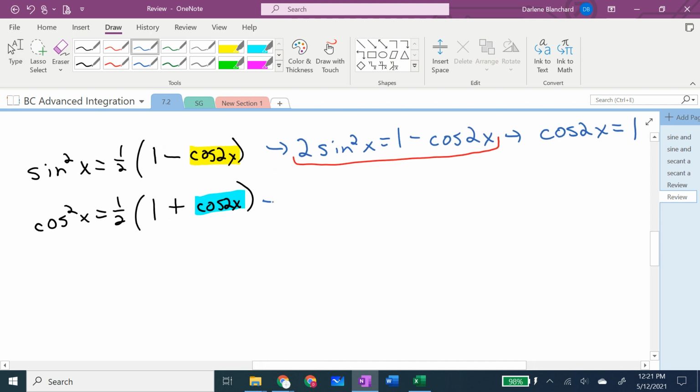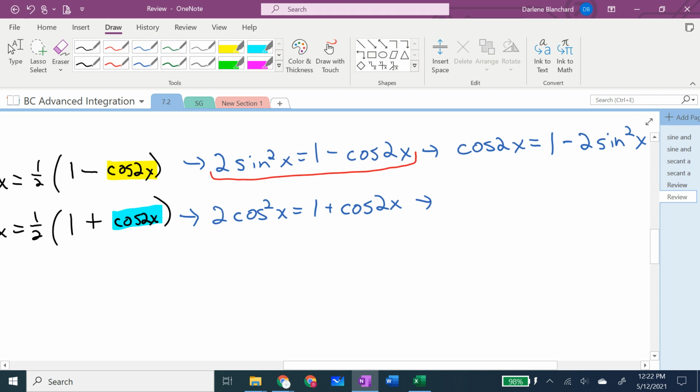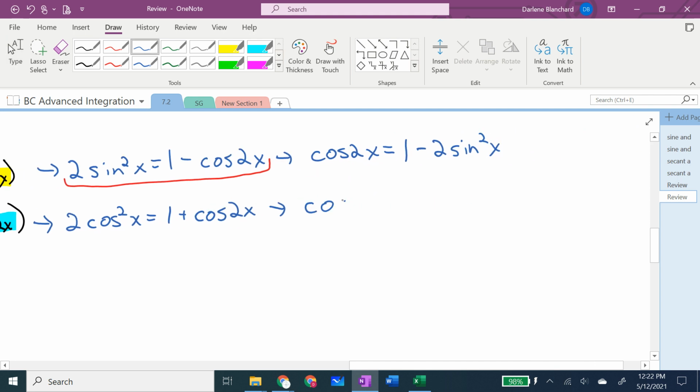Now let's take the other one, multiply both sides by 2. And isolate cosine 2x this time. And what do you wind up getting? For cosine 2x, there are actually 3 trig identity possibilities for it.